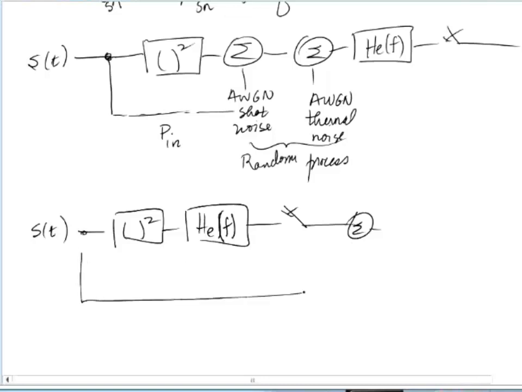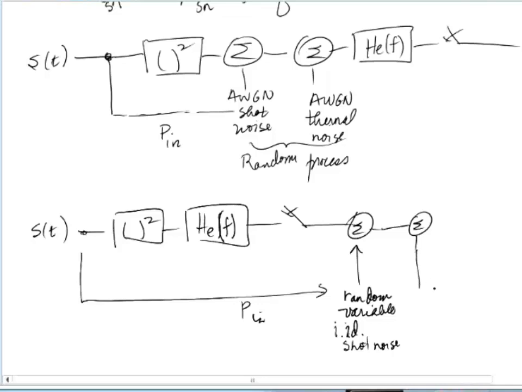We'll still take knowledge of Pin, and this knowledge of Pin will calculate a random variable. And typically these will be considered an IID sequence. They're independent due to the use of a filter, which is Nyquist, and gives us independent noise samples. And one will be for shot noise, and one will be for thermal noise.